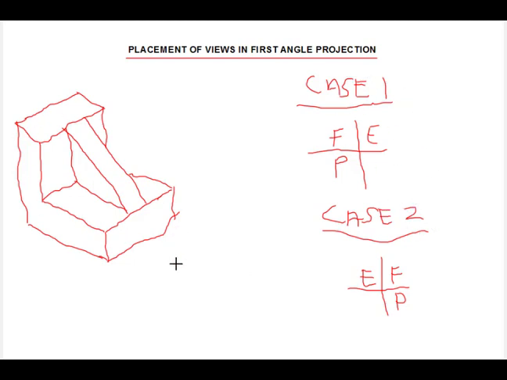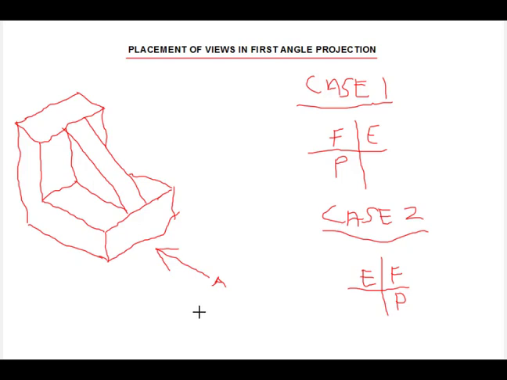Now, if the question is given and you have the direction of view of the component, this arrow shows the direction at which you are viewing the component. Let's say arrow A. If the question asks you to draw the views of this component in first angle projection, we are going to draw a plus sign at the tail end of the arrow.